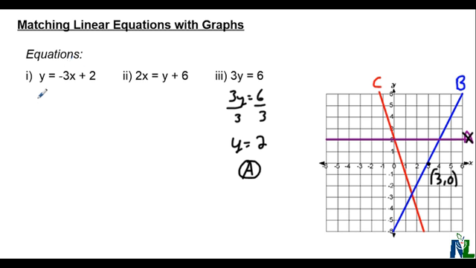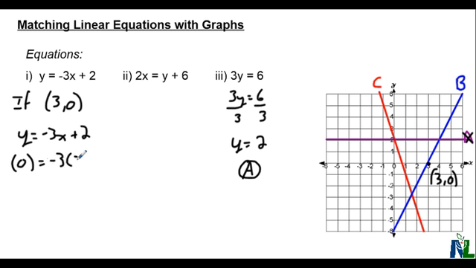So let's just start with equation 1. You could do equation 2 if you wanted. It really doesn't matter which one you start with. So if we use 3 and 0 as our coordinate, the equation will work out to be, substitute in our y value for 0, substitute in 3 for our value of x, so negative 3 times 3 plus 2, and what this means is 0 equals negative 9 plus 2.